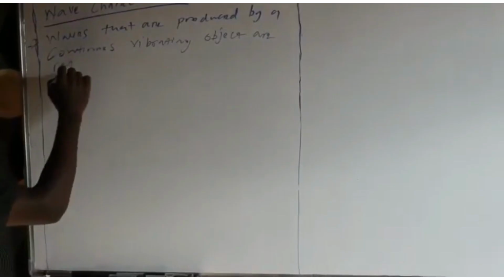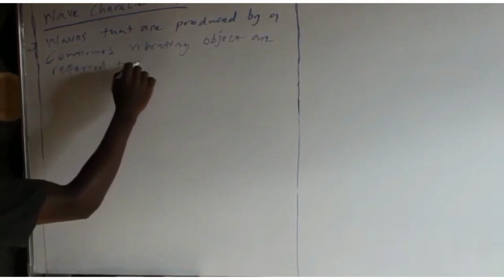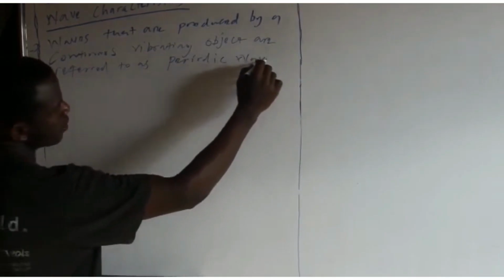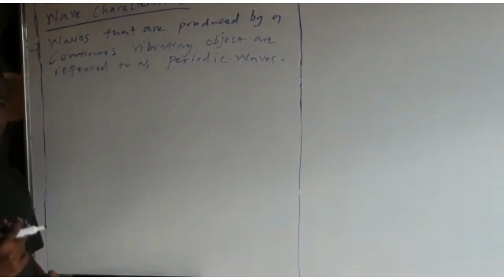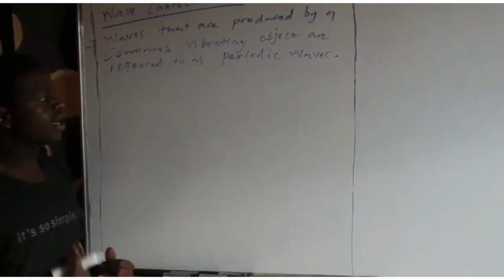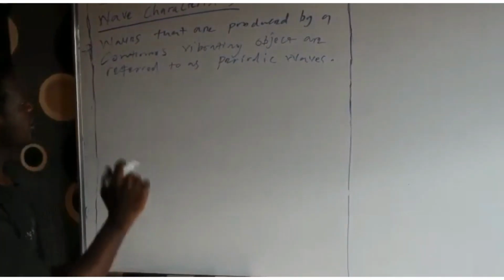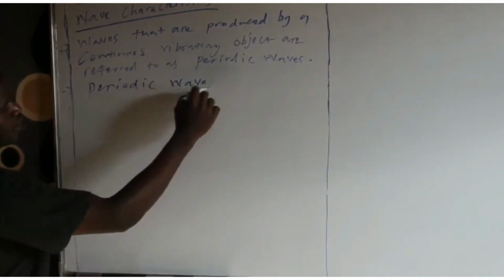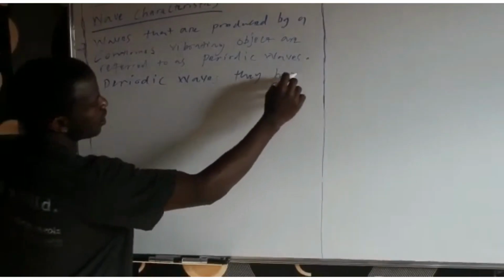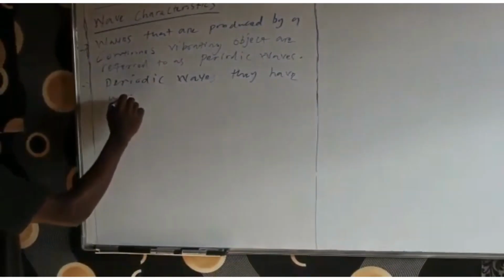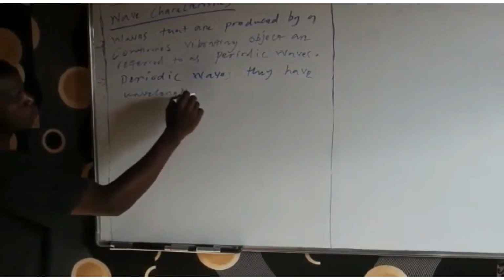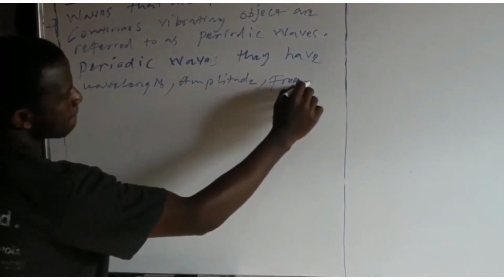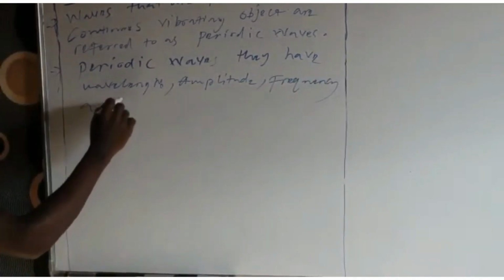And these periodic waves have the wavelength, the amplitude, the frequency, and period.